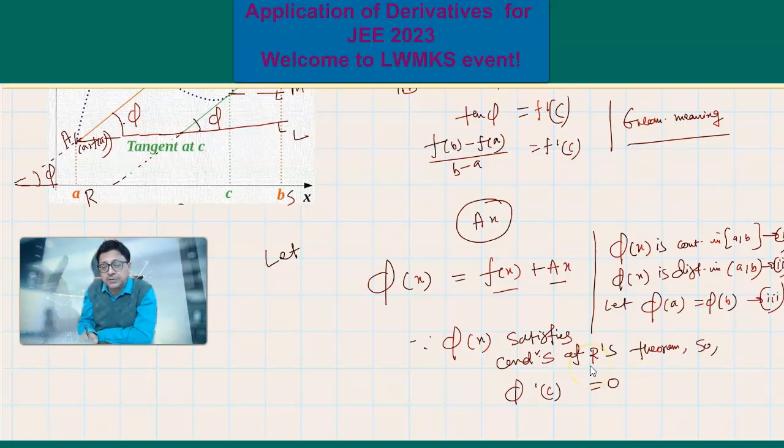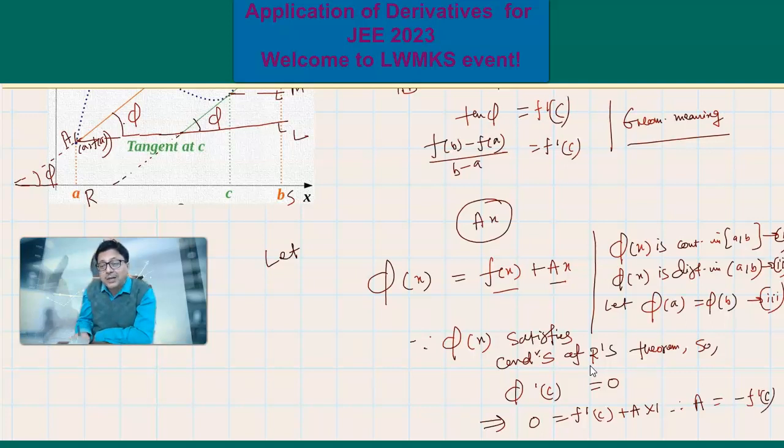What does this mean? 0 will be equal to f'(c) plus a into 1. If we differentiate, then the value of a comes out to be minus f'(c).